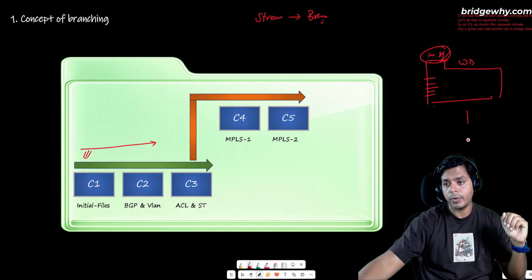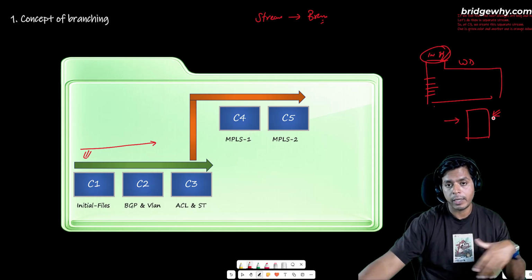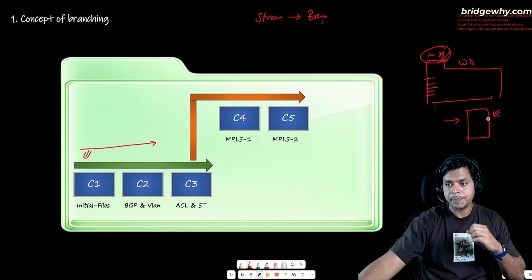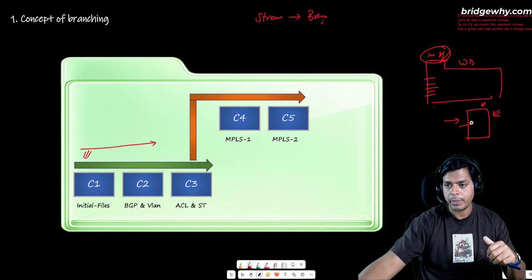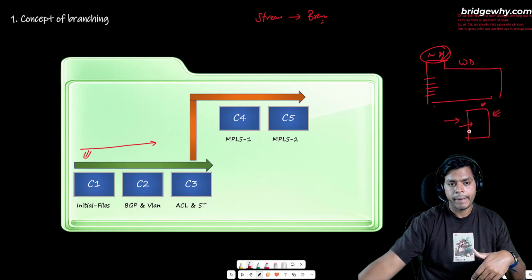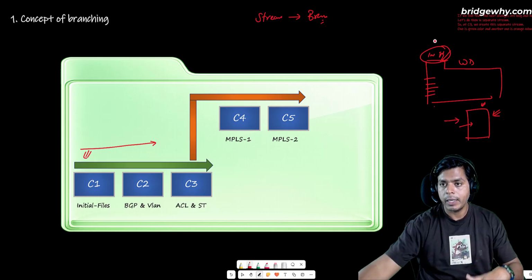For example, if you go and buy a mobile phone, you all know it came with a default ringtone and a default wallpaper. Similarly, when we did this git init, what is going to happen?